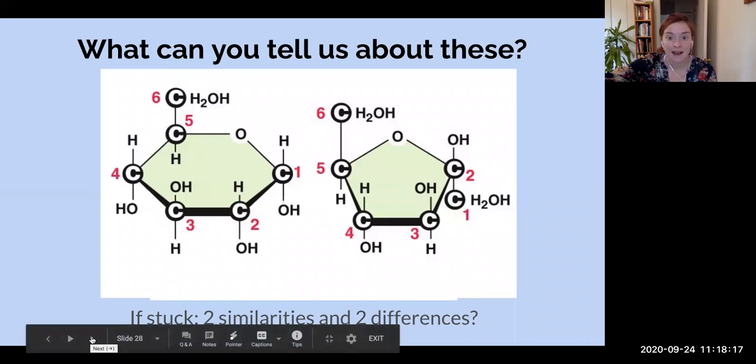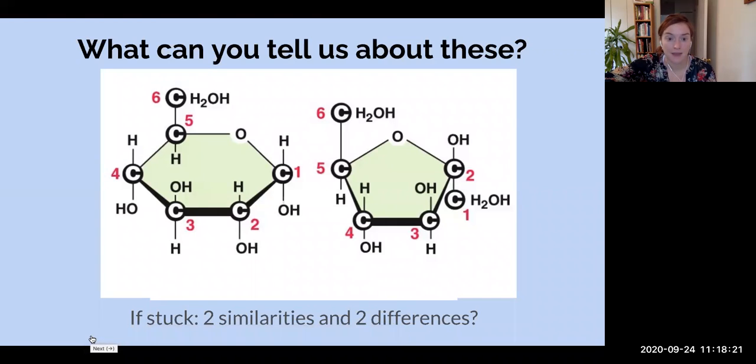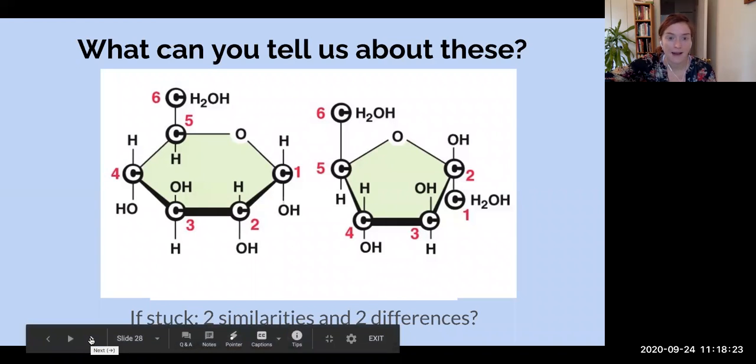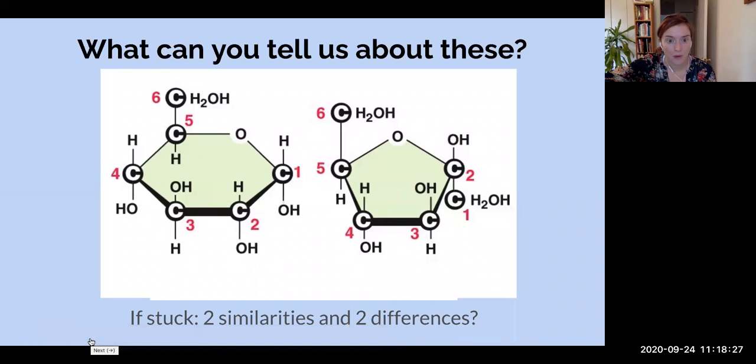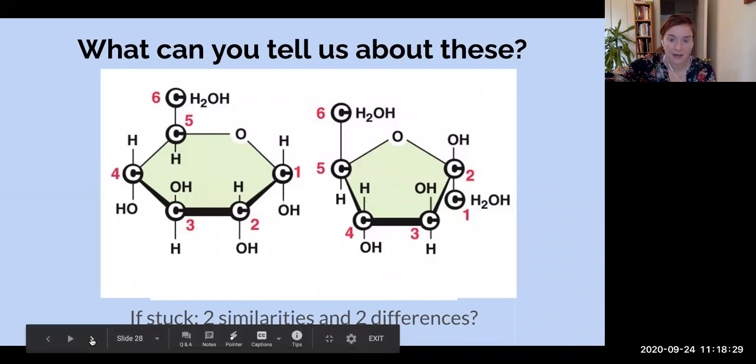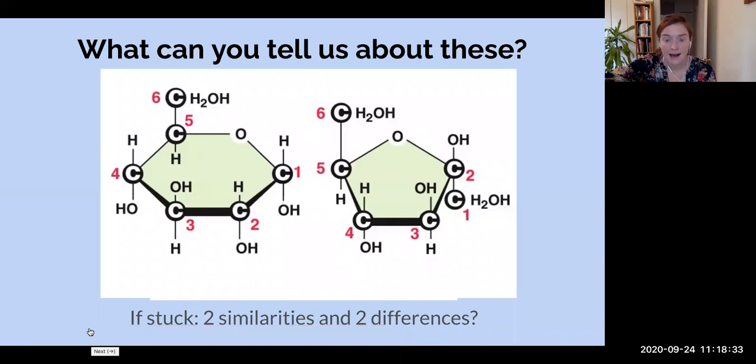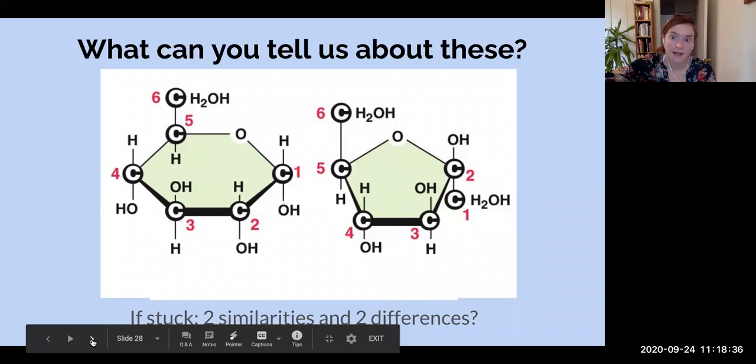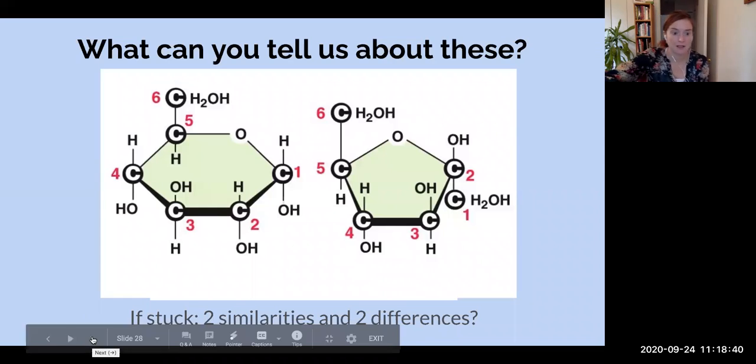They both have the same structural formula, C6H12O6. However, they are different in that the one on the left has a hexagon shape, the one on the right has a pentagon shape, and because of their differences in shape, they have different functions as well.